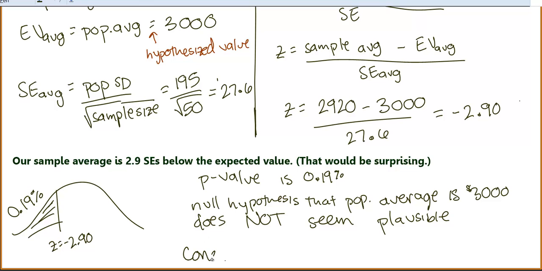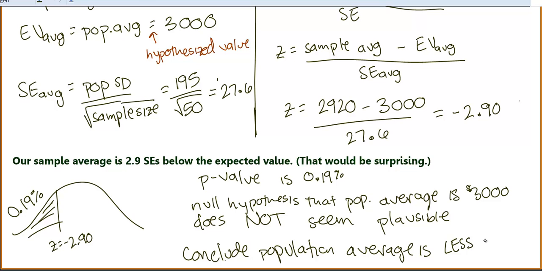So I conclude that the population average is less than 3,000. So once again, when you have a small p-value, your null hypothesis does not seem plausible, and you'll reject the null hypothesis, and now we can conclude that my population average is less than 3,000.